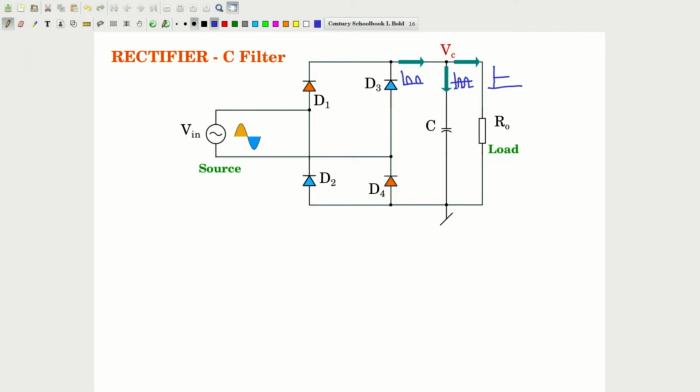But this is generally the idea that I want to convey, that this is a current which has an average value plus an AC component. The average value part goes into the load resistor, and the AC component part, the one which has zero average value, flows through the capacitor.